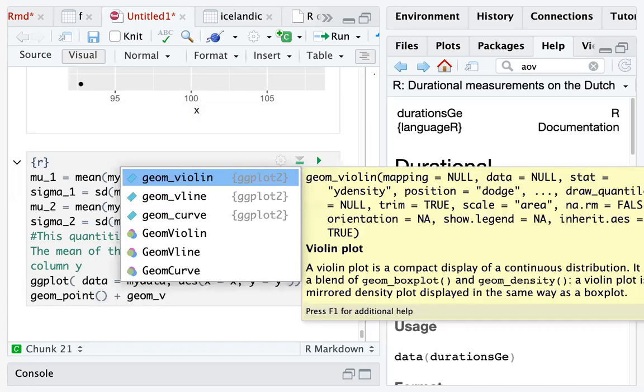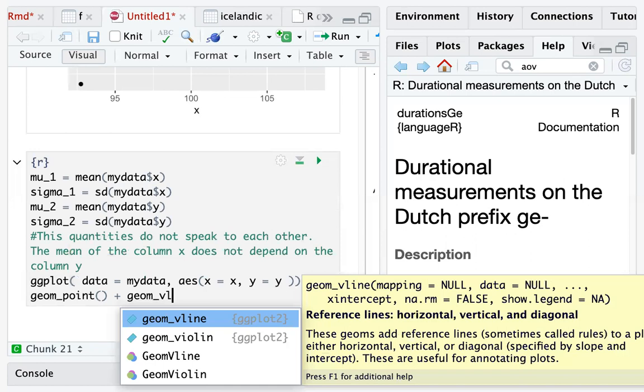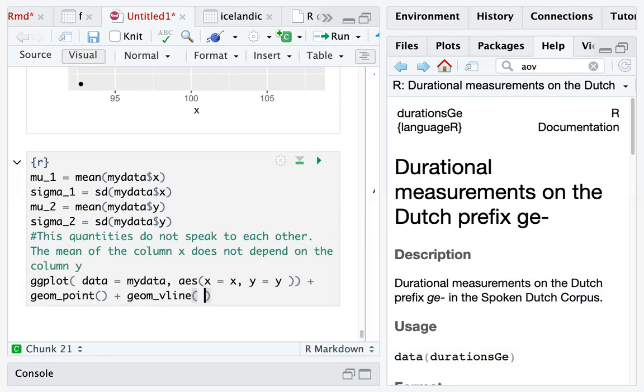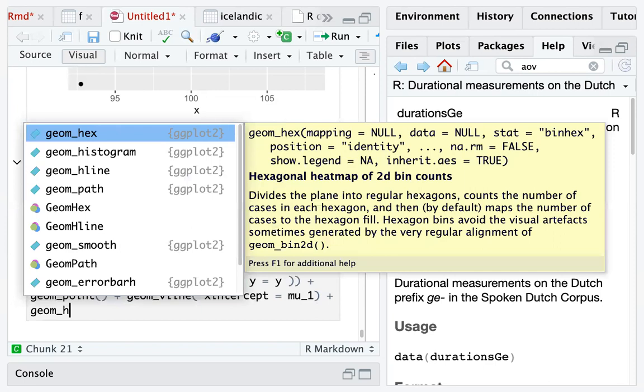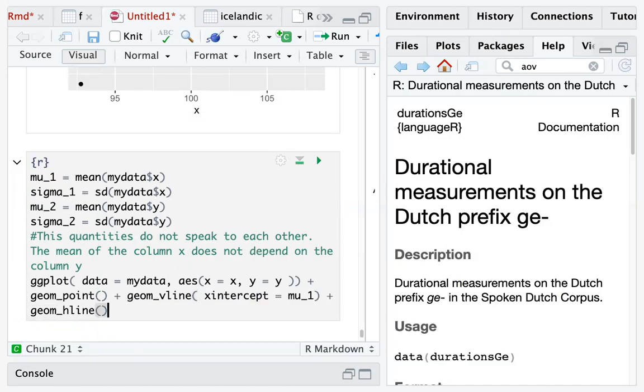I add a vertical line where the mean of the x component of these points is, and then I add a horizontal line at the mean of the y component.